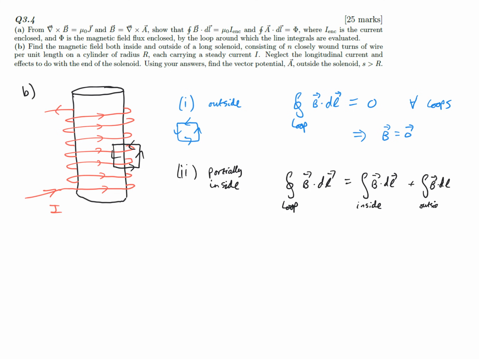The bit that's outside, the integral will evaluate to 0 because the magnetic field is equal to 0 outside. That's what we calculated in the first consideration. And what about the second piece, the bit that's inside? Well, there we need to do a little bit of thinking.